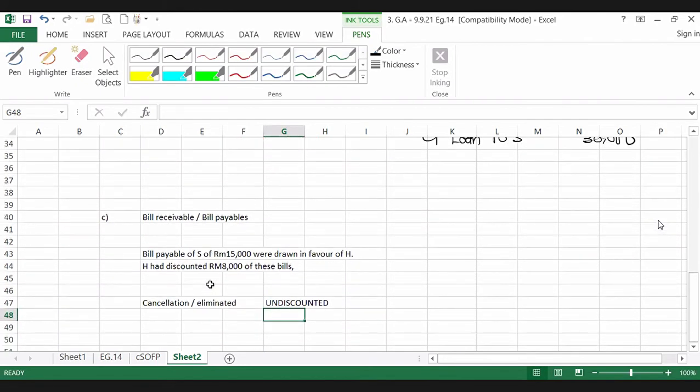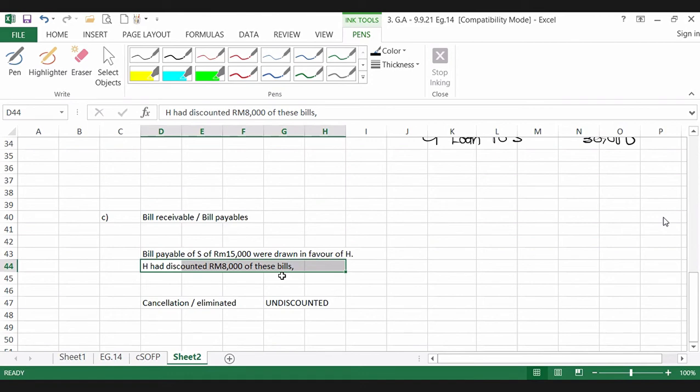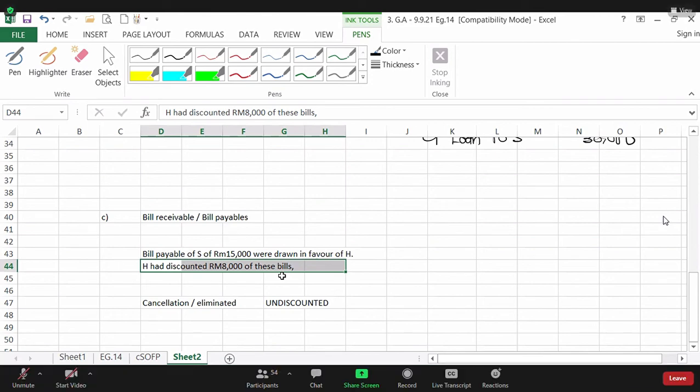So if the intercompany bill were discounted, we have a discount here, 8,000, but we cannot eliminate it. We have to find the undiscounted to be eliminated. The cancellation of the intercompany transaction is limited to the undiscounted bill. So the item that you have to eliminate if you have this kind of transaction is undiscounted.